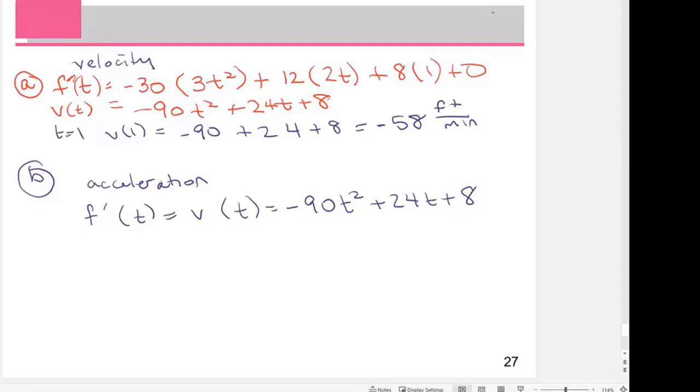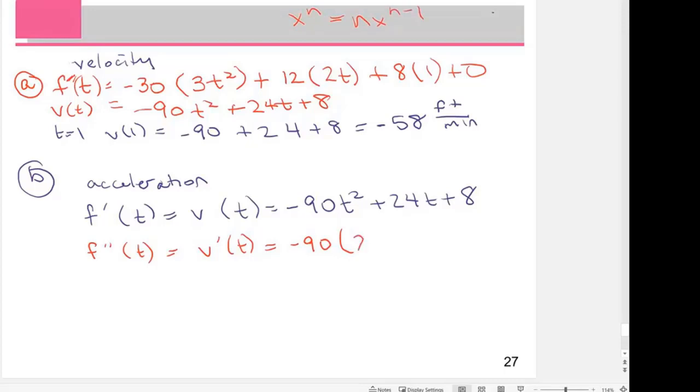Now, what I want to do is I want to find the second derivative of the original function, which is equal to the derivative of the velocity. And again, I just do the same thing I did before. So I take the negative 90 out, and then I use my power rule. X to the n equals nx to the n minus 1.